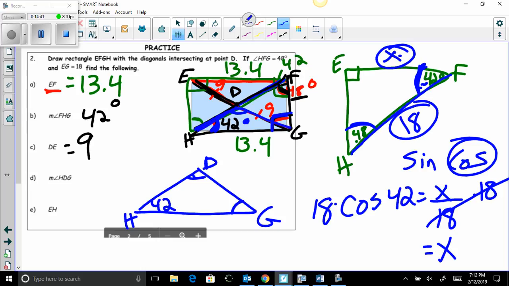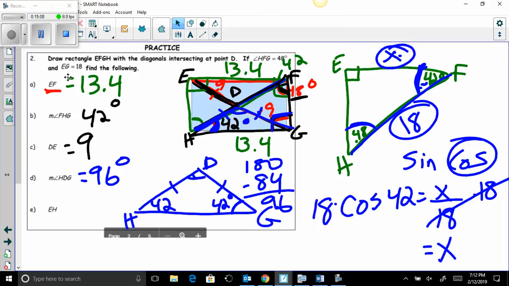Because if these diagonals are congruent, aren't those sides the same? So the base angles have to be congruent. So wouldn't this side have to be 42 degrees also? All the angles inside of the triangle add up to 180. So 42 and 42 is 84. 180 minus 84 gives me 96 degrees.